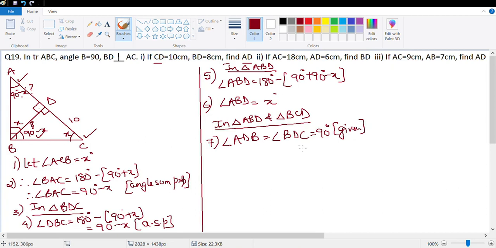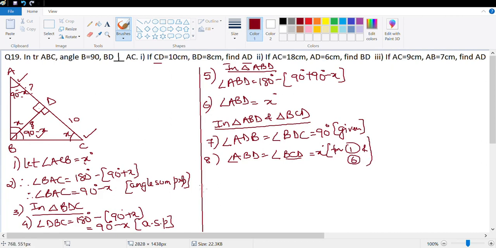Next, angle ABD is equal to angle BCD is equal to X, from point number 1, where we say BCD, which is ACB, and where do we get the other X, which is point number 6.